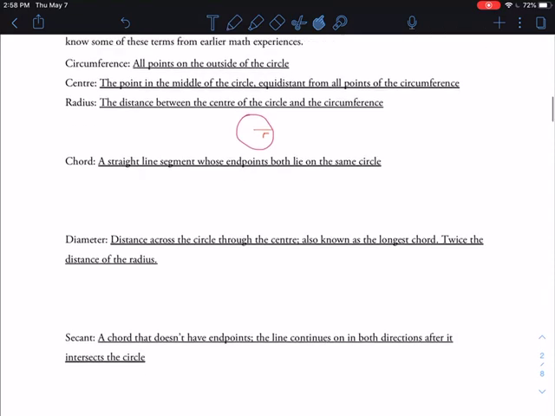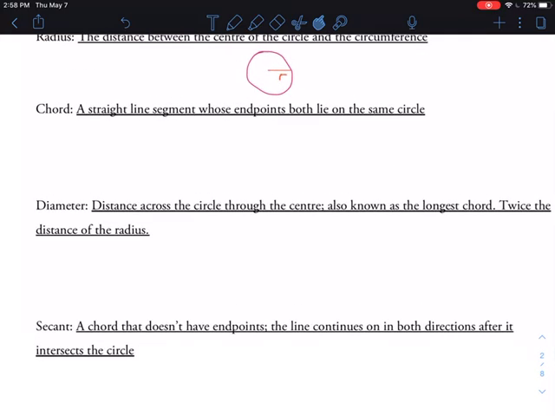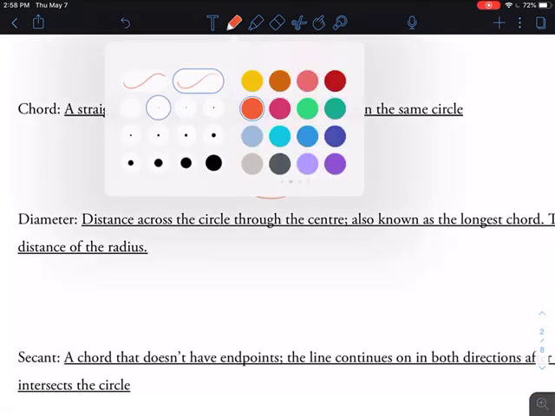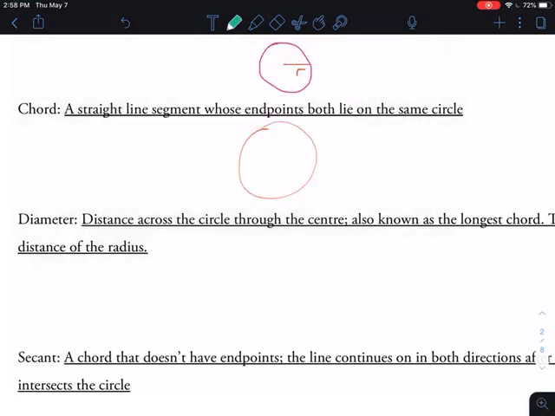Okay, a chord, that's the next one. I'm going to zoom in a little bit to make it a little bit easier for me to draw here. A chord is a straight line segment where both ends lie on the circle. What that means, I'm going to use a bit of a thicker line here to show this to you, is any line that has both ends on the edge of the circle.